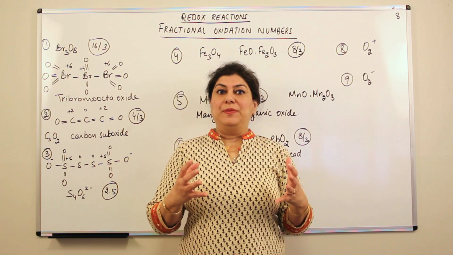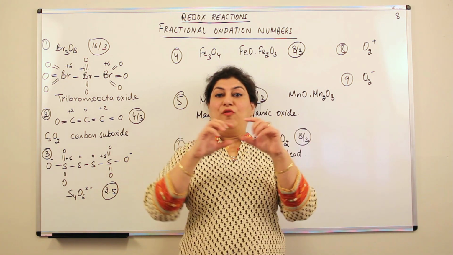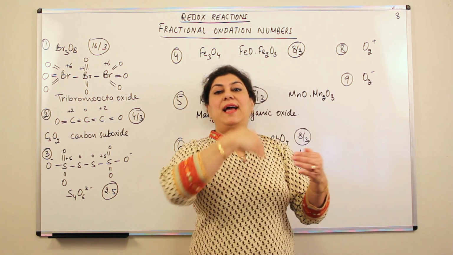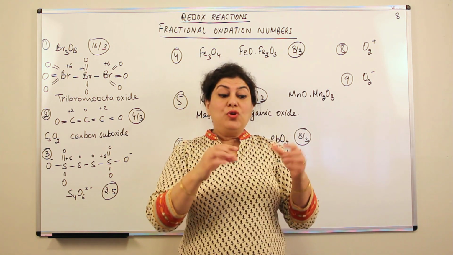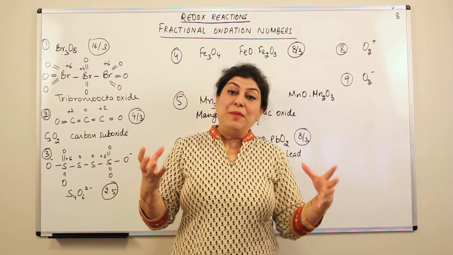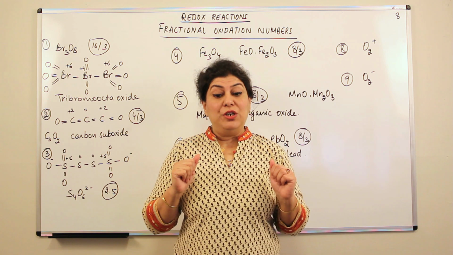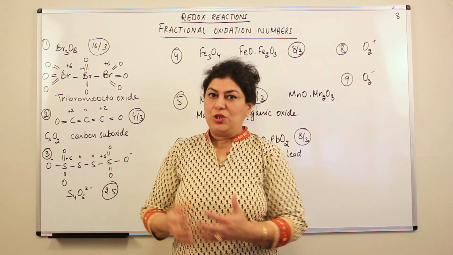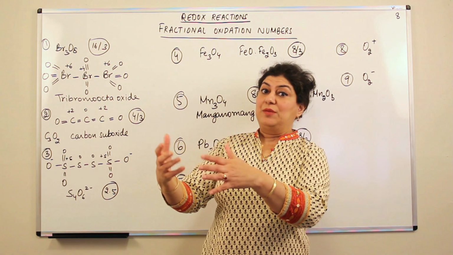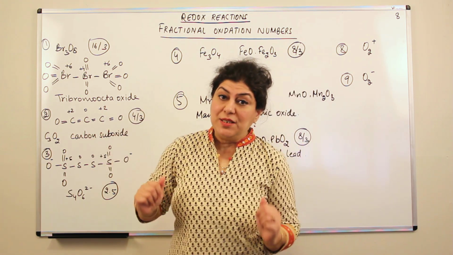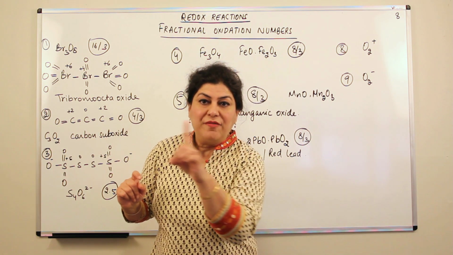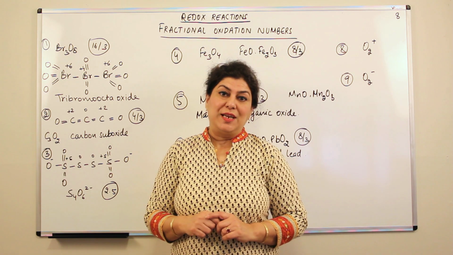And when this happens, by convention, when we want to tell the oxidation state of the atoms of that element in that compound, we give an average of these oxidation states.